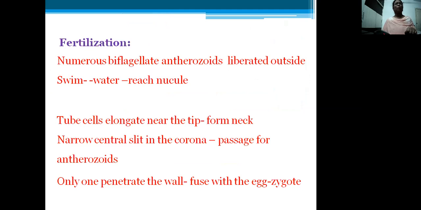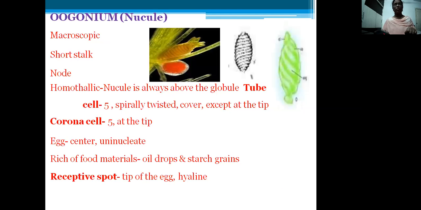So during the development of this oogonium, the adaxial cell of the branches of unlimited growth undergoes division to form a row of three cells: upper, middle, and lower cell. The basal cell is called a stalk cell, which forms a stalk without any division.